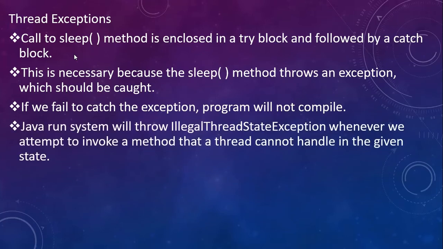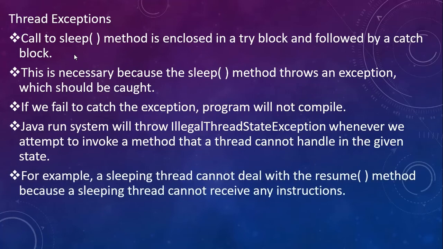The Java runtime system will throw an IllegalThreadStateException whenever we attempt to invoke a method that a thread cannot handle in a given state. Now, the problem with the sleep method is this: suppose a particular thread is already in a blocked state, and you try to call the sleep method.